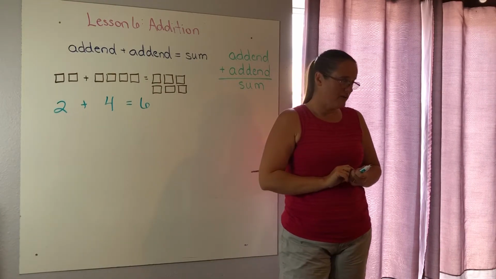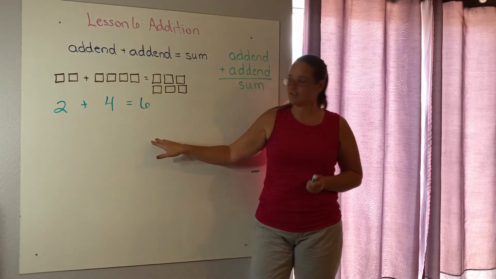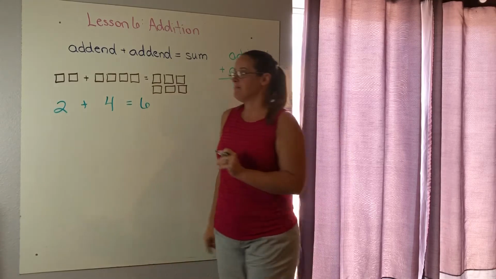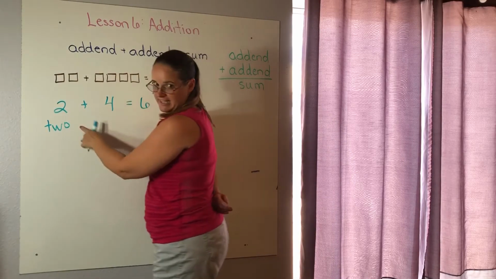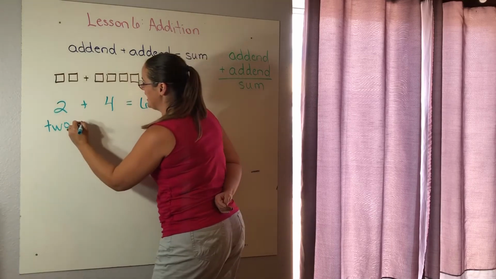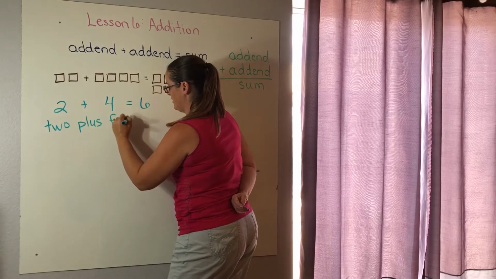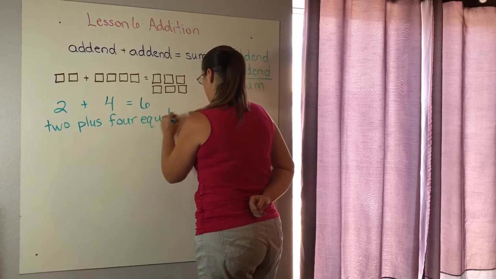The other thing they might want us to do today is write this out in words. So here we have the number sentence written in numbers, but they also might want us to say 2, spelling out the number 2, plus 4 equals 6.